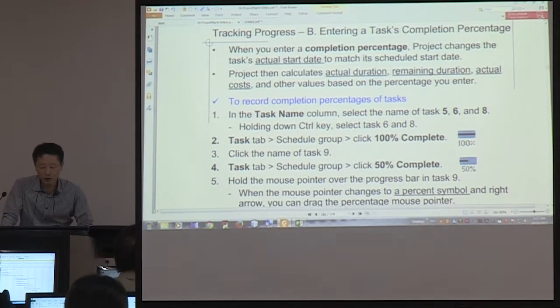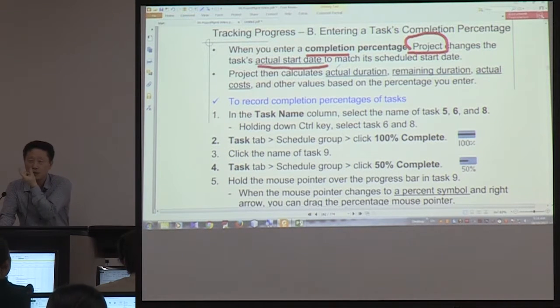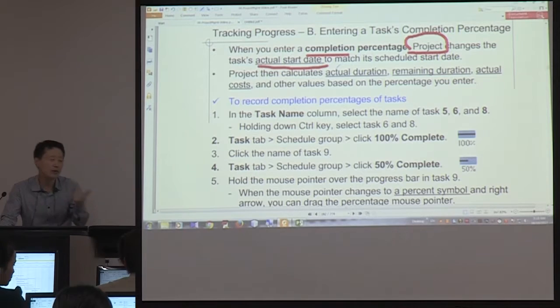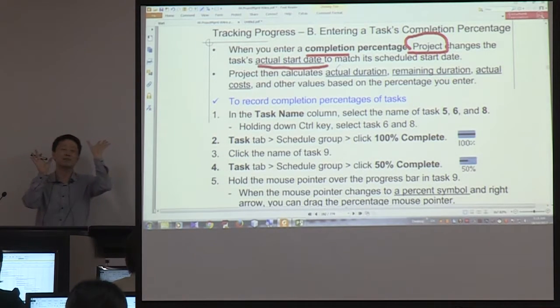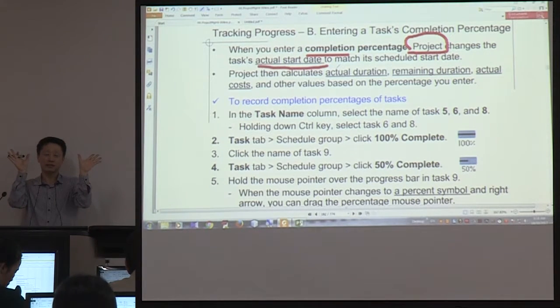And when you enter those percentages, this software will set the actual start date to the planned date, meaning there is no change in start date. There are two dates: the planned start date and the actual start date.